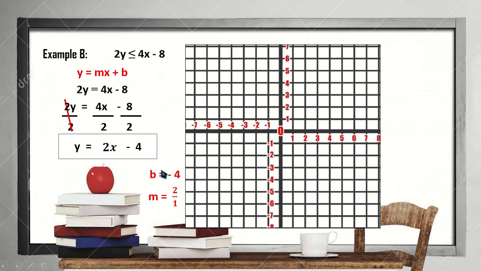So since ang b natin ay negative 4, titingin ulit tayo kay y-axis. Negative 4, ang negative 4 natin ay nasa baba. Okay, so si m, ito yung magsasabi kung taas o baba. So since ito ay positive, papunta tayo sa taas ng ilang beses.